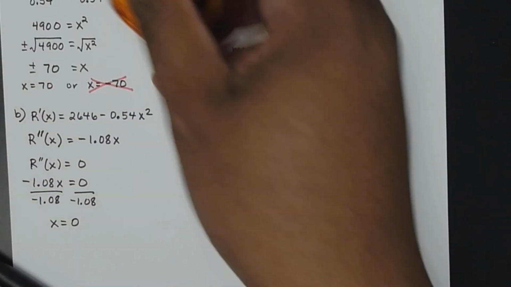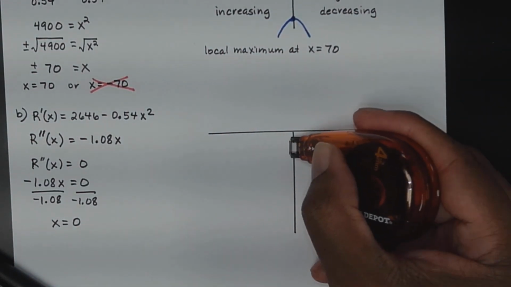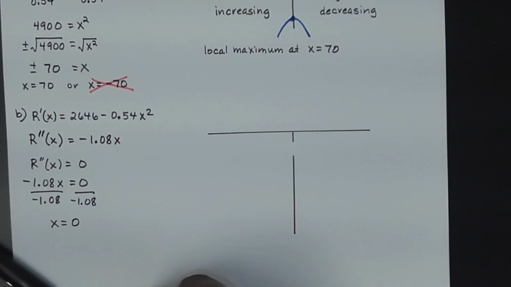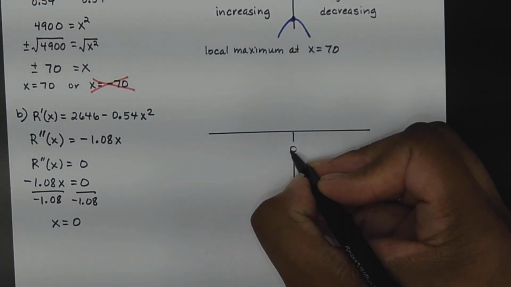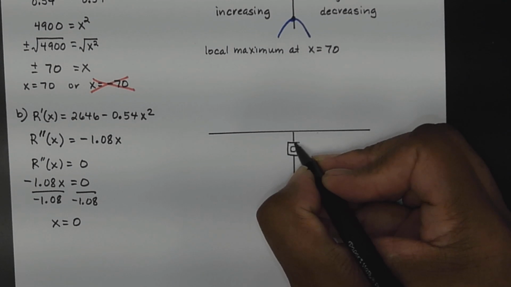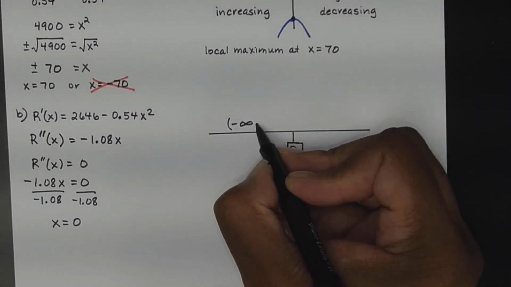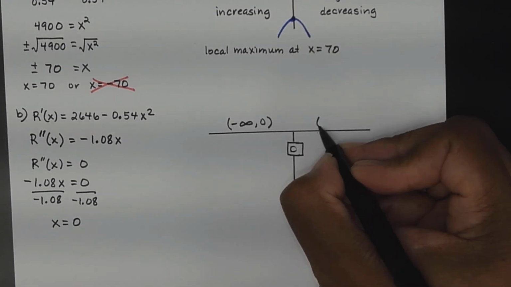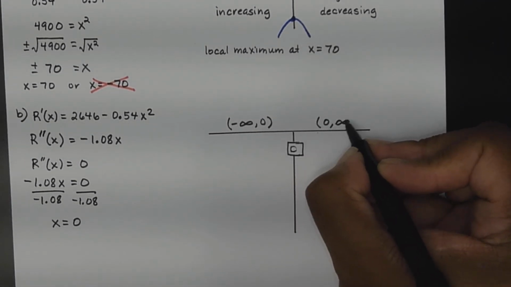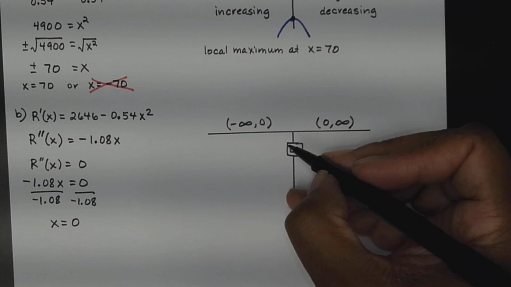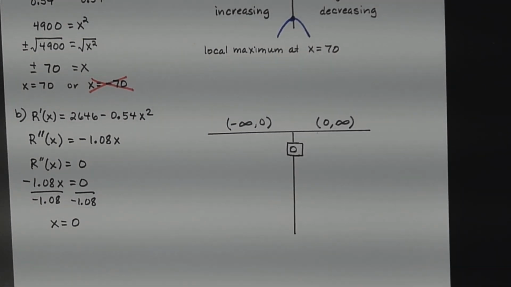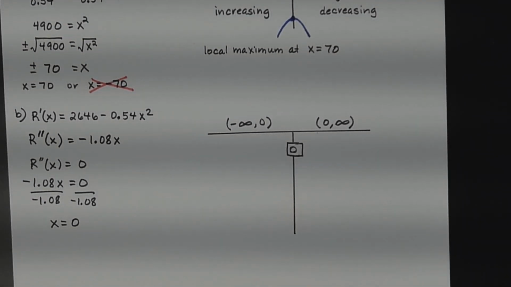Zero is here. So the intervals we'd be dealing with would be from negative infinity to 0. The other one would be from 0 to infinity. All right. For each interval, we'll do a test value.